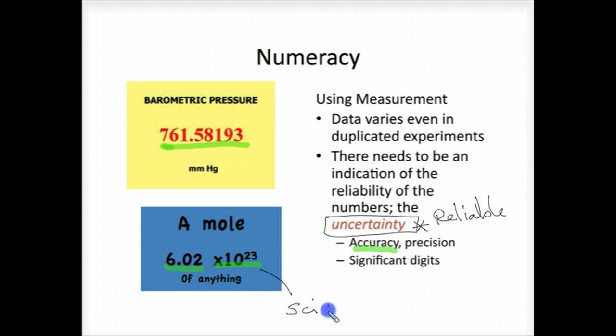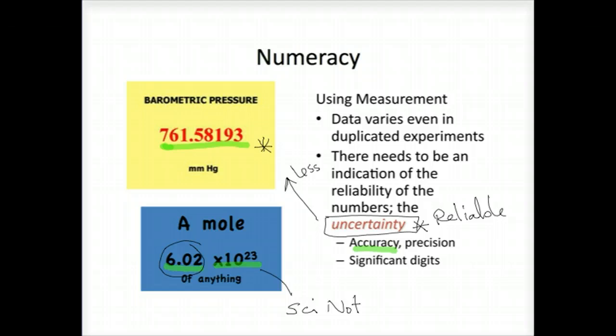All scientific notation does is allow us to make really large or really small numbers manageable. This is just telling us how many times to move the decimal. It has nothing to do with the number. This is my number. So if we compare those two numbers, the barometric pressure seems more accurate. Therefore, this number has less uncertainty. Okay, so the more accuracy I have, the less uncertainty I have.